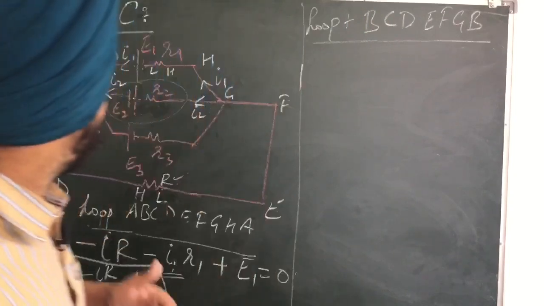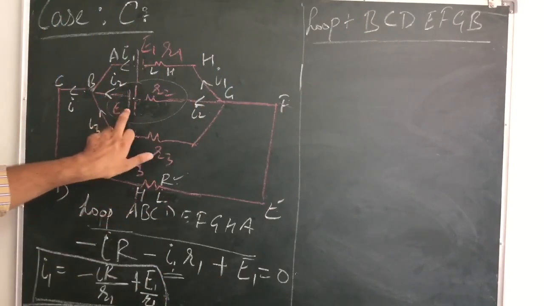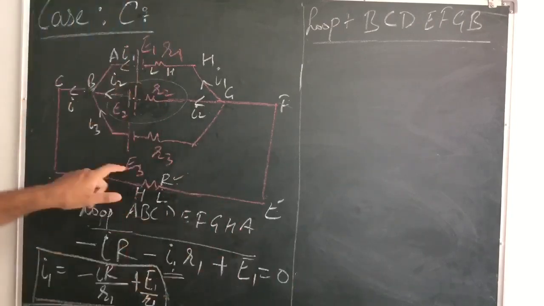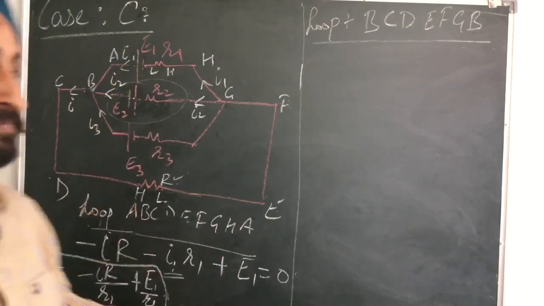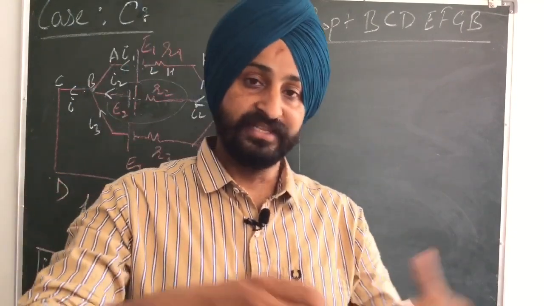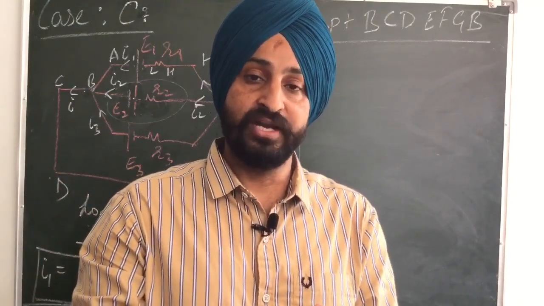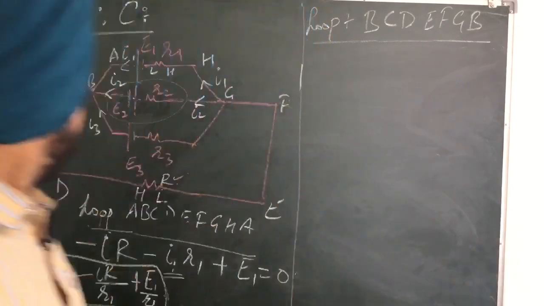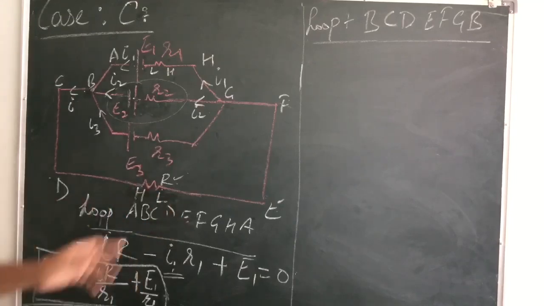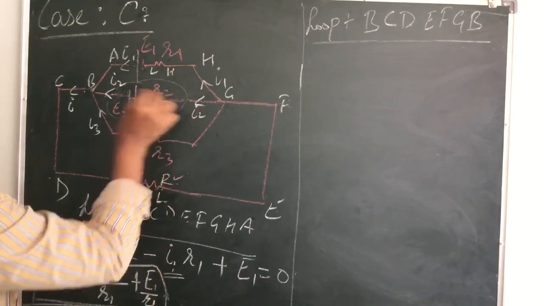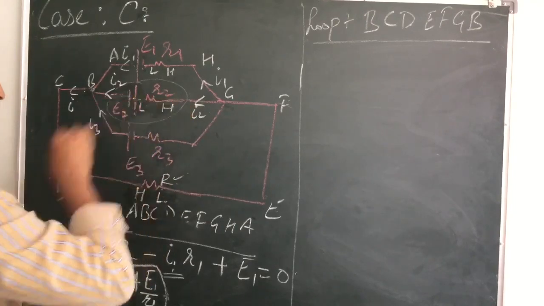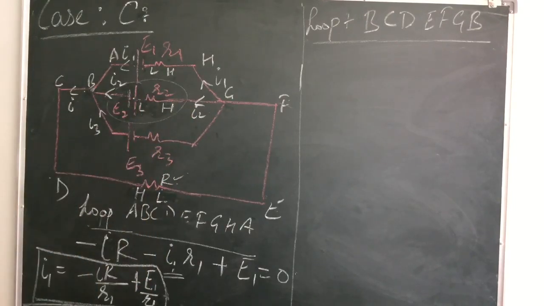So although this cell is connected in opposite order, the potentials will be according to the net circuit, according to the other cells which are all connected in one order. Like here, it will remain high and it will remain low over here. Similarly, for this resistor also, this point will remain high and this point will remain low. I hope this is clear.